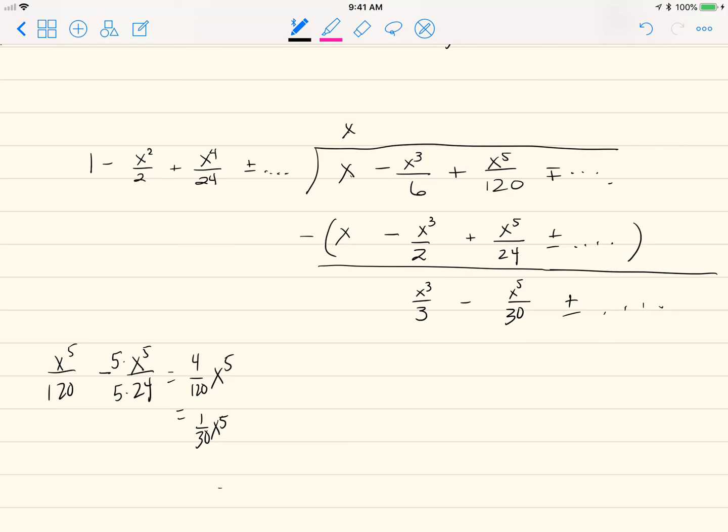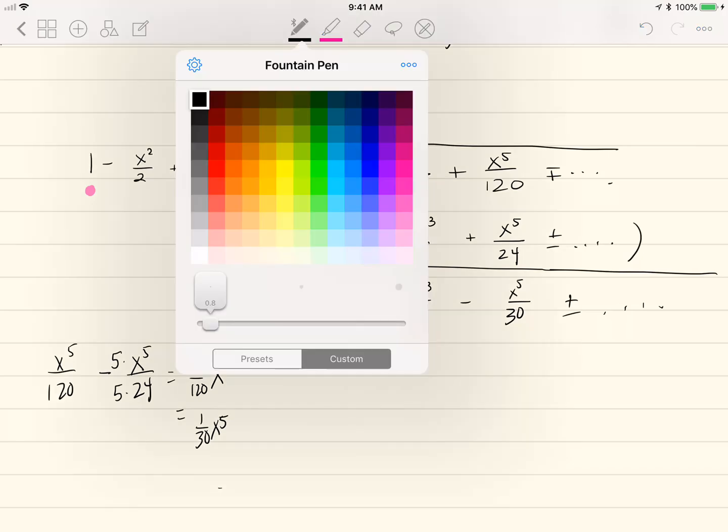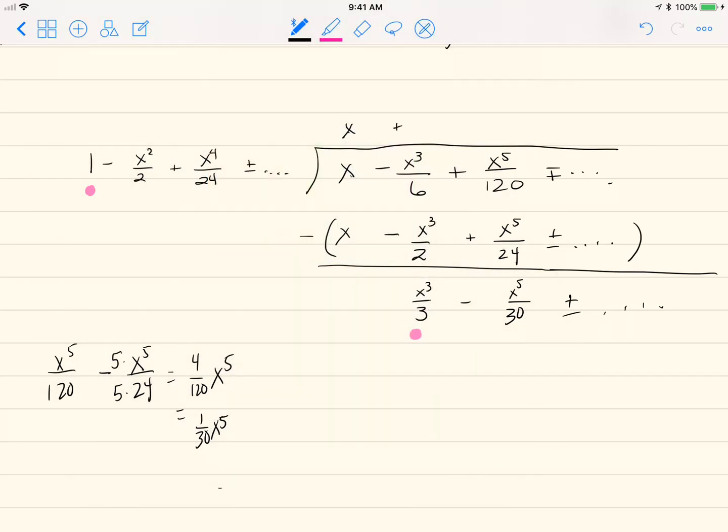Now 1 goes into x cubed over 3 how many times? X cubed over 3. So we'll say plus x cubed over 3. Now I take that x cubed over 3 and I multiply it by each of these. So I'll have x cubed over 3 minus x to the 5th over 6 plus x to the 7th over 72.